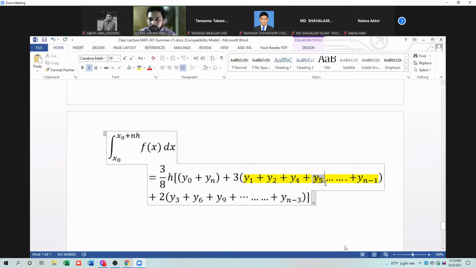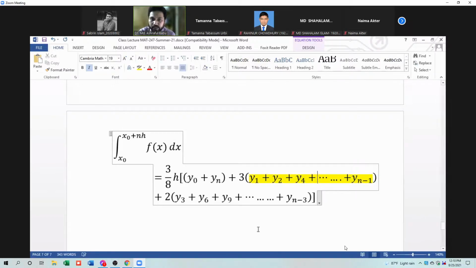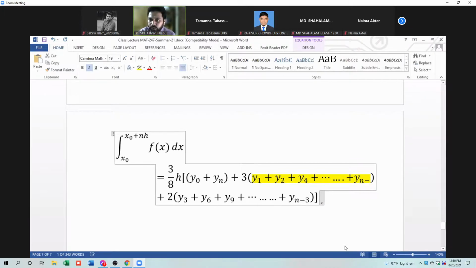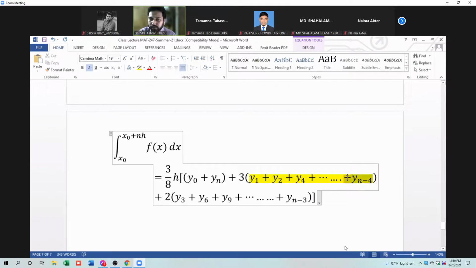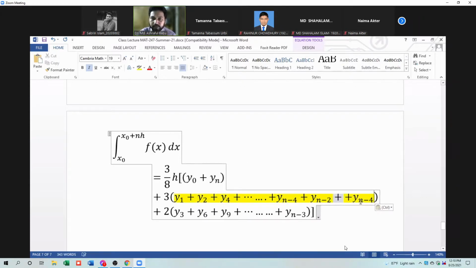I should not write y5 in here. Plus n minus 4, n minus 2, n minus 1.